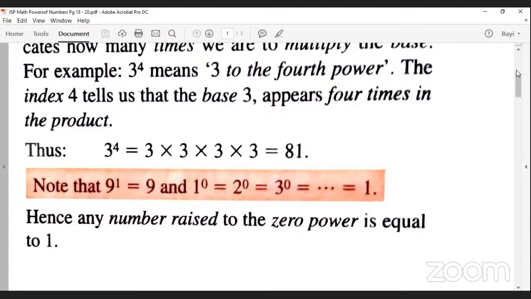Thus 3 to the 4th power equals 3 times 3 times 3 times 3, which equals 81.